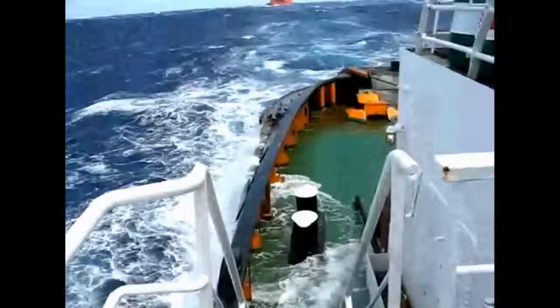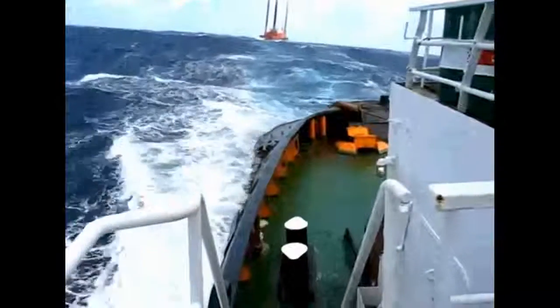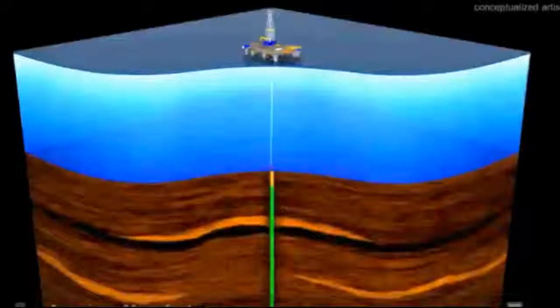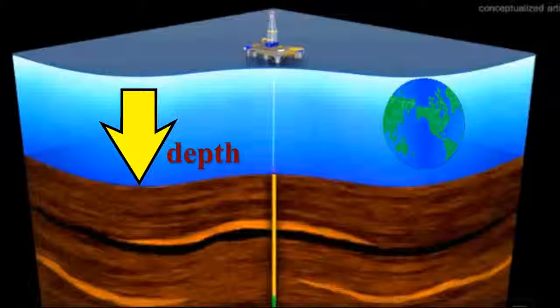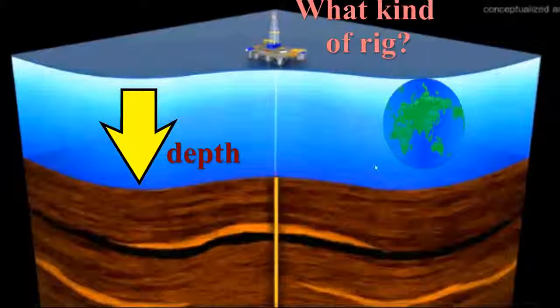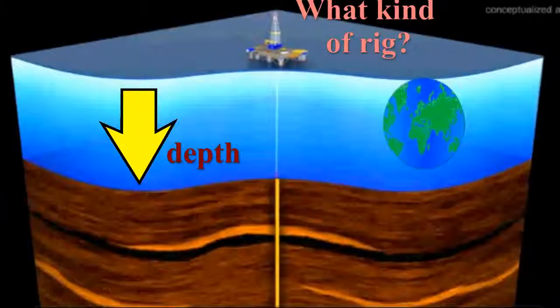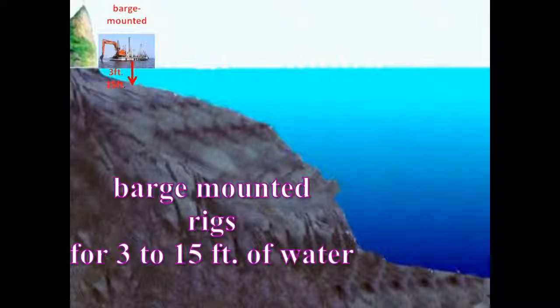Drilling over water, also referred to as offshore, presents more challenges than drilling on land because the depth and the location of the body of water become factors and dictate the kind of rig needed for those conditions. Here we'll start by looking at rigs used in shallow bays and canals with depths of from 3 to 15 feet.